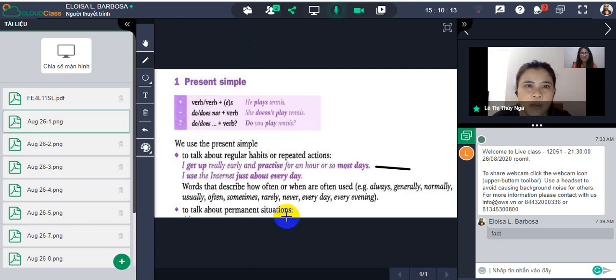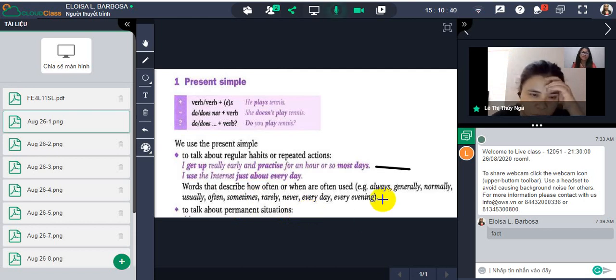So words that describe how often or when things happen are often used. So you could use this one. Okay, so you could use these words: always, generally, normally, usually, often, sometimes, rarely, never, every day, every evening. Okay? Because why? It talks about a permanent situation.